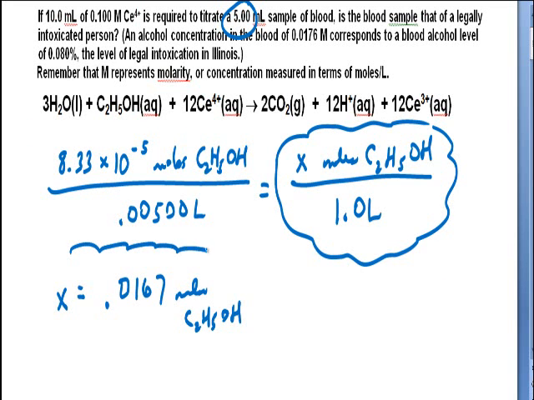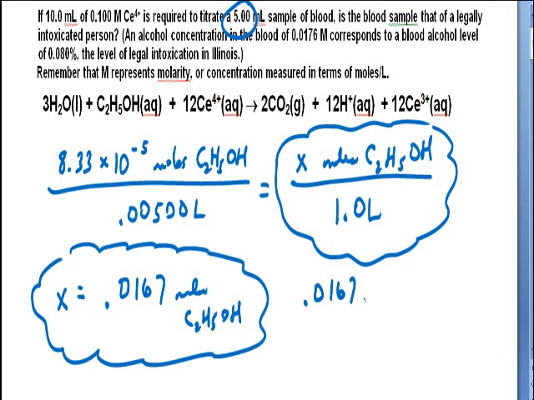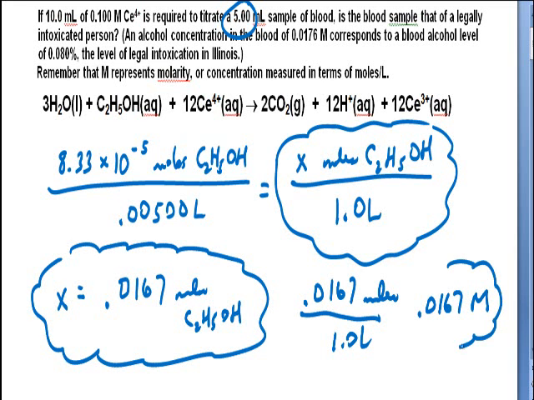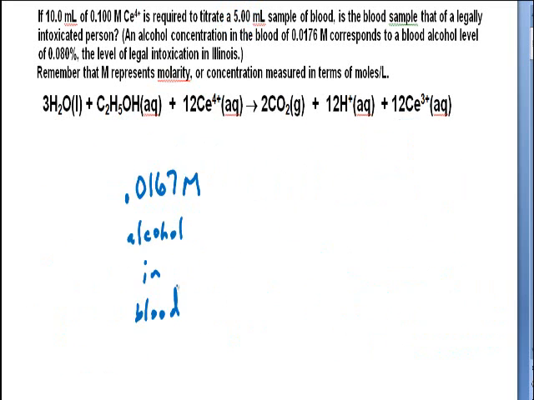Solving for X gives us that we have 0.0167 moles of alcohol present in our 1 liter sample. This gives us a concentration of the alcohol of 0.0167 moles per 1 liter, which can also be written as 0.0167 capital M, which stands for moles per liter or molarity. That's the concentration of the alcohol in the sample of blood.